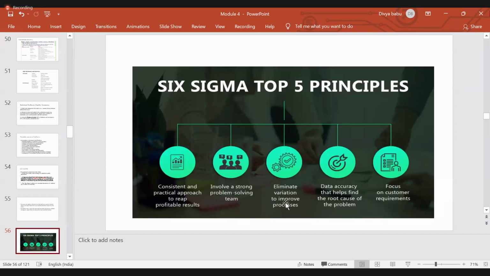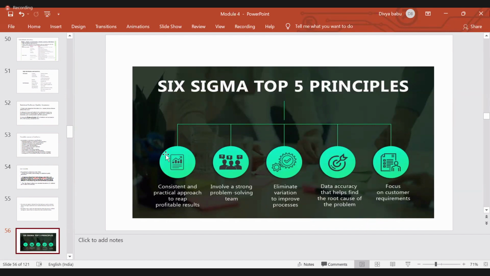Six Sigma actually has 5 principles. First is a consistent and practical approach to reap profitable results. To reap profitable results, we should follow a practical and consistent approach. Then involve a strong problem-solving team.